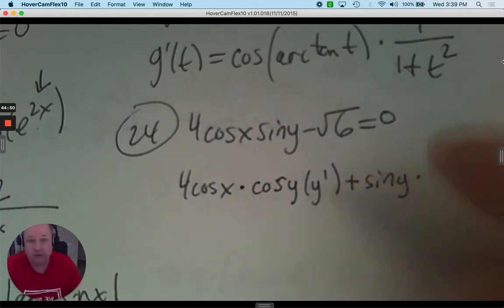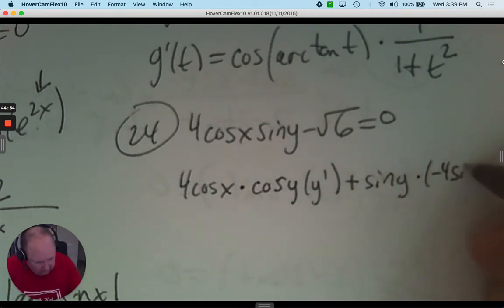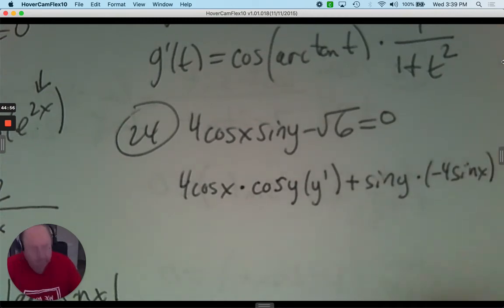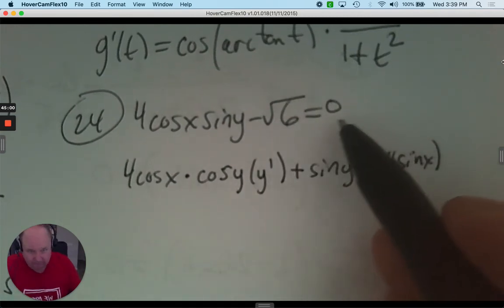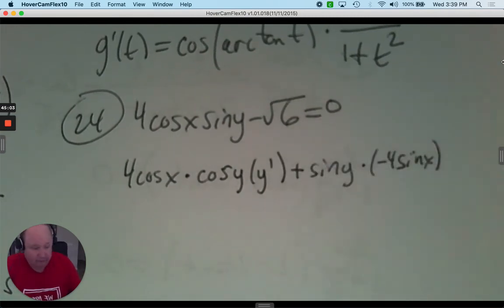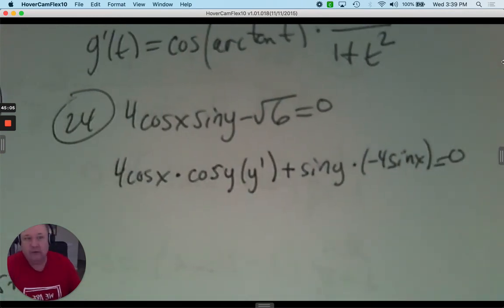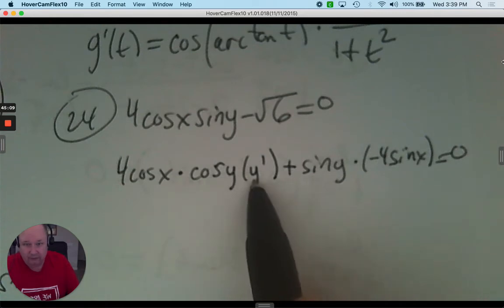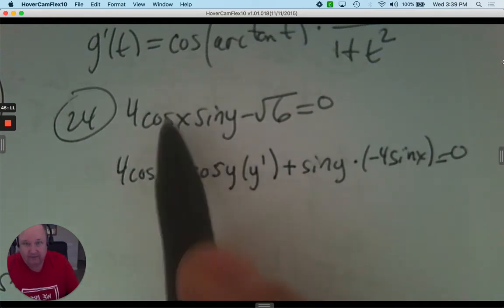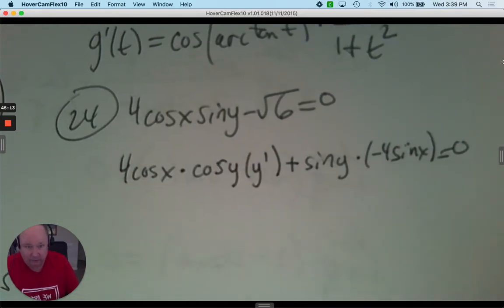times the derivative of the first. So that's going to be negative 4 sine x. The derivative of negative root 6 is 0. And the derivative of 0 is 0. So already there is the derivative there. So again, the first times the derivative of the second plus the second times the derivative of the first.